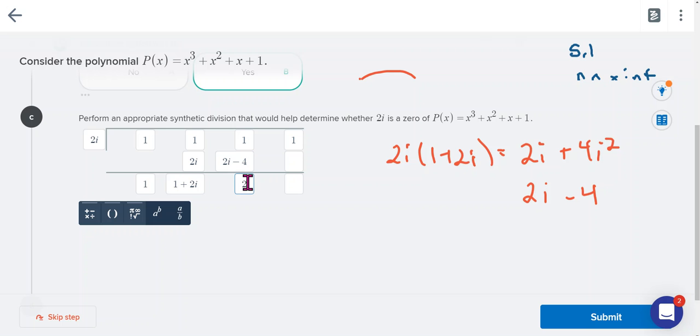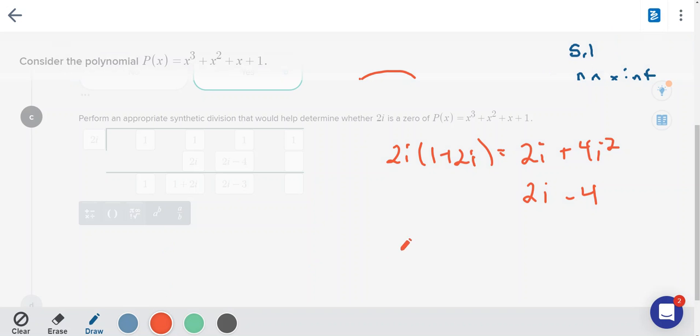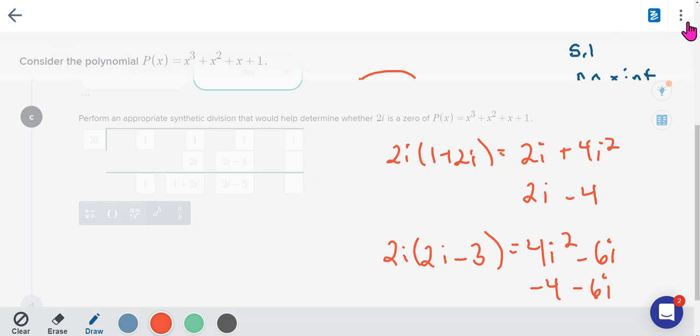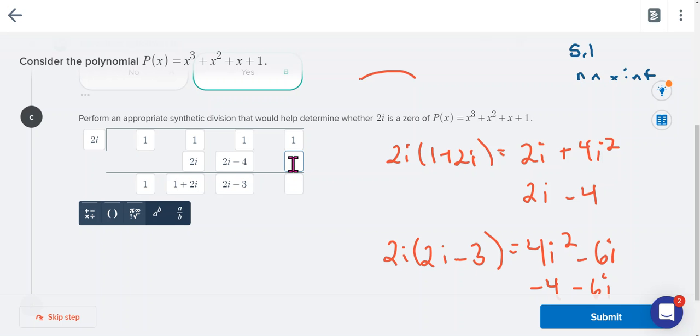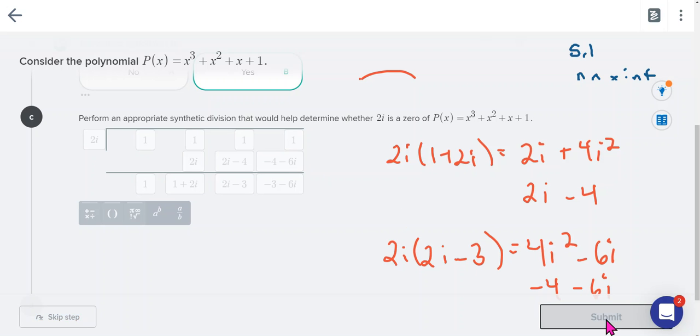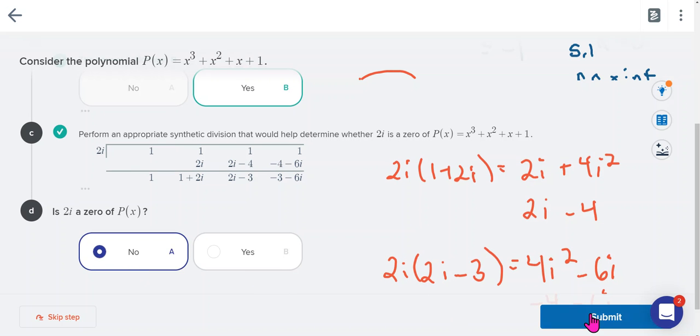Add. I can kind of already tell this isn't going to be 0, but I've got to finish the problem anyways. Okay, 2i times 2i minus 3, 4i squared minus 6i. Okay. Add. All right, let's see. Yay. No, it is not a 0.